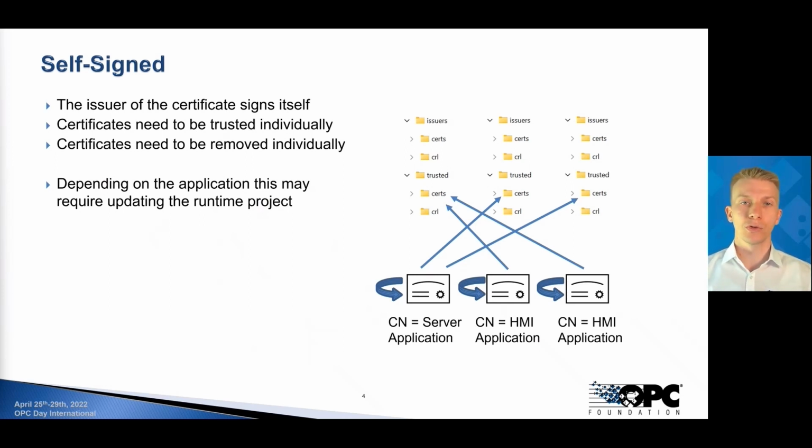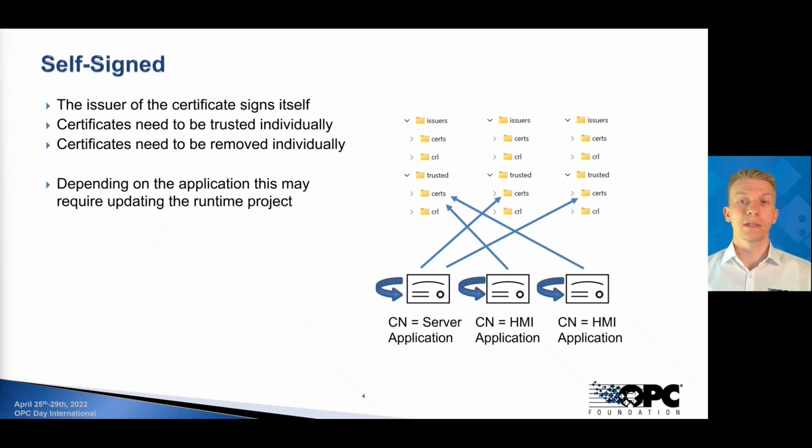So you need to make sure that the server is aware of all the clients which are going to connect to it and have all of them separately in its trust list, and the clients need the server certificates. The problem is that, depending on the application, for PLCs, for example, this sometimes even means you need to restart your PLC program.